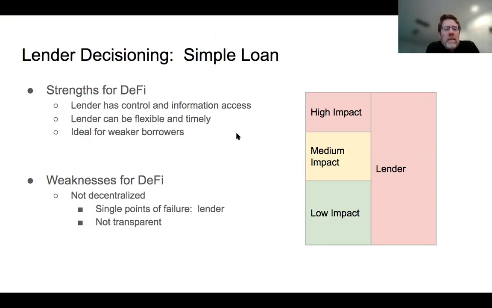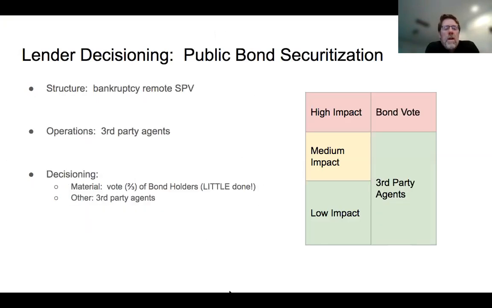So next slide, please. All right, let's look at a public bond securitization. This is not a simple loan. Say it's a $500 million mortgage deal. It's going to be held by maybe 20, 30 different institutions, like PIMCO, BlackRock, Fidelity, big insurance companies like Mass Mutual, New York Life, pension funds.